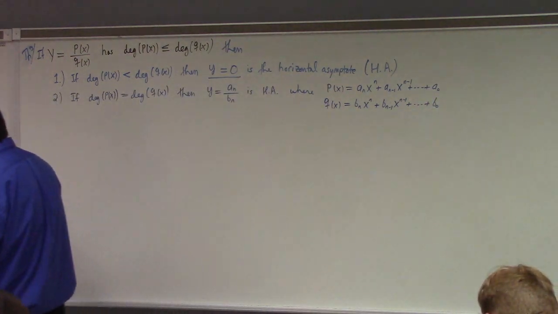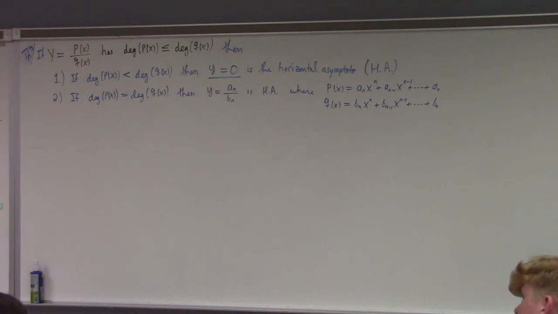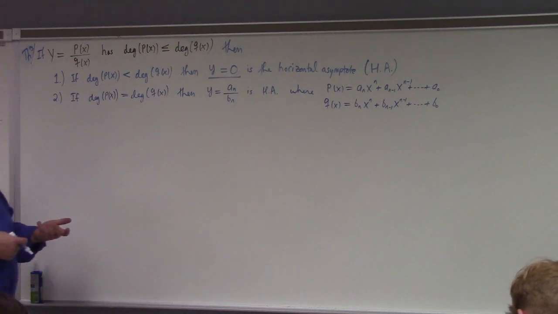When I say the degree of the polynomial, I mean the largest non-zero power which appears non-trivially in the formula. The leading coefficient, a sub n and b sub n in this case, is the coefficient of the largest power which appears in the polynomial.